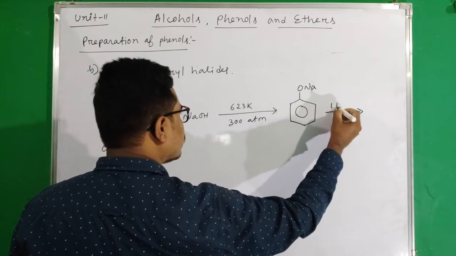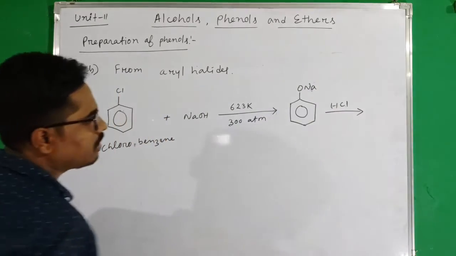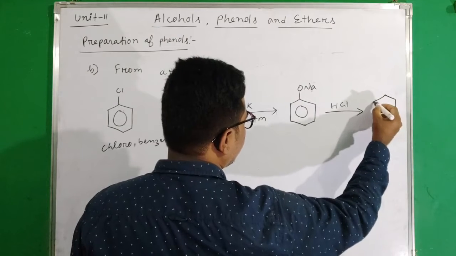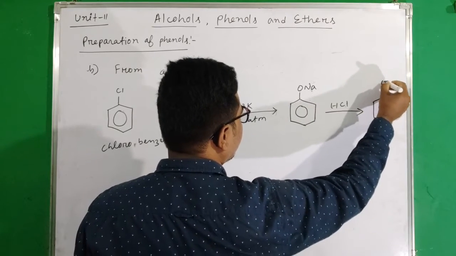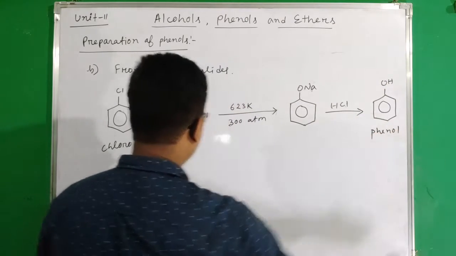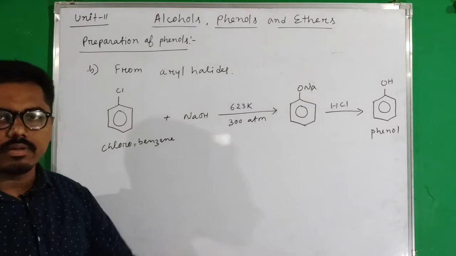Okay, and when sodium phenoxide is treated with HCl, then the final product is phenol. So we have converted chlorobenzene into phenol.